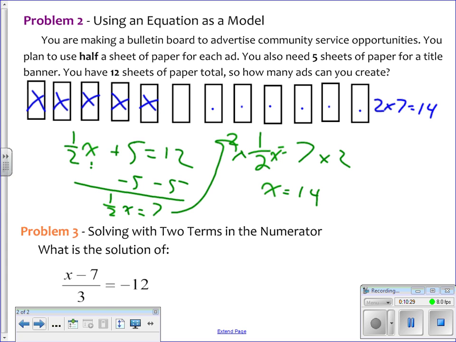It's another way of solving the same problem, but just not using algebra. Are you using math when you do that? Yes, you are, because you're multiplying 2 times 7. Mathematics is more than just numbers and letters and variables. Mathematics is solving problems, coming up with solutions, figuring out how to do things.